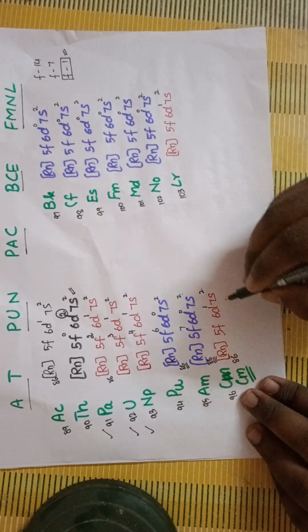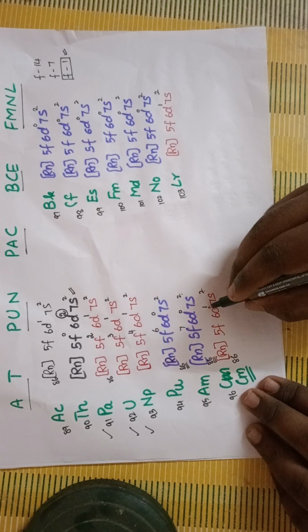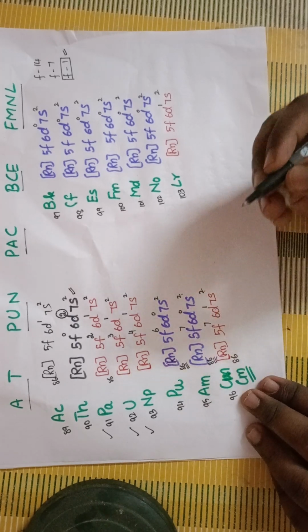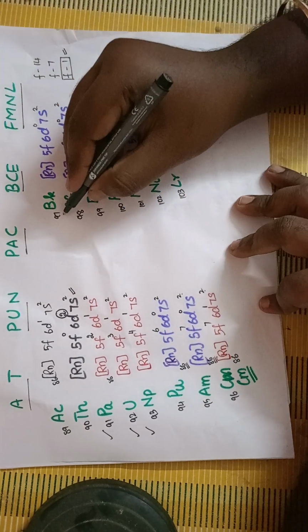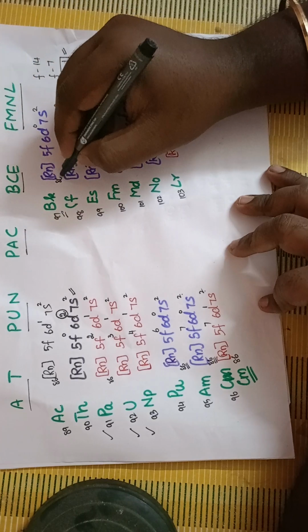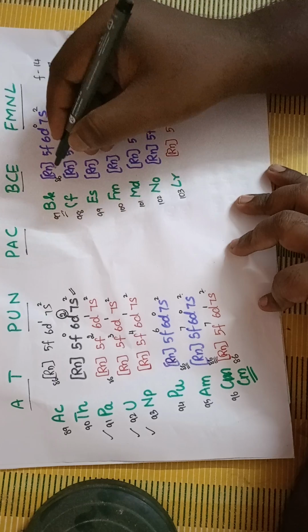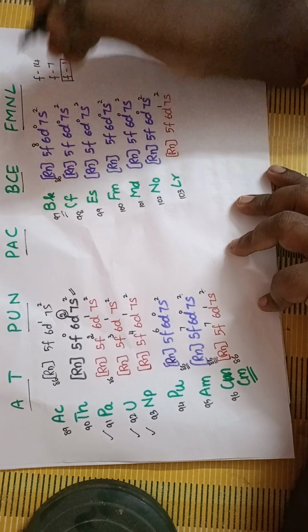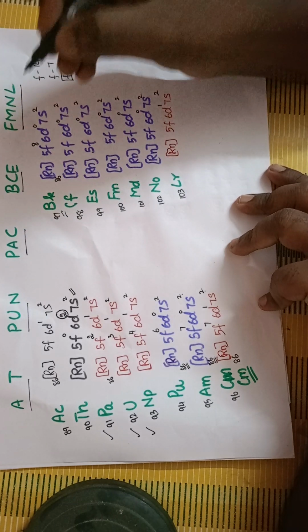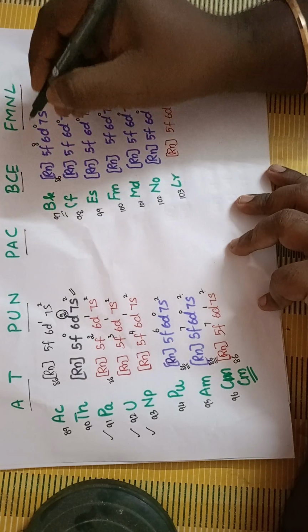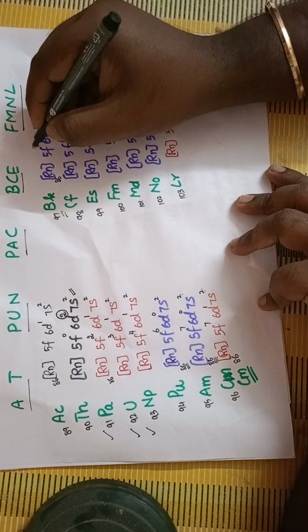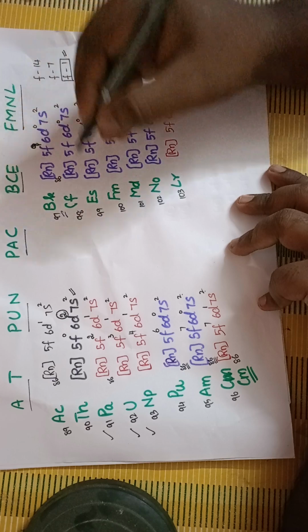Radon 86, 88, 89, remaining 7. 97: 86, 88, 97 minus 88, 9.